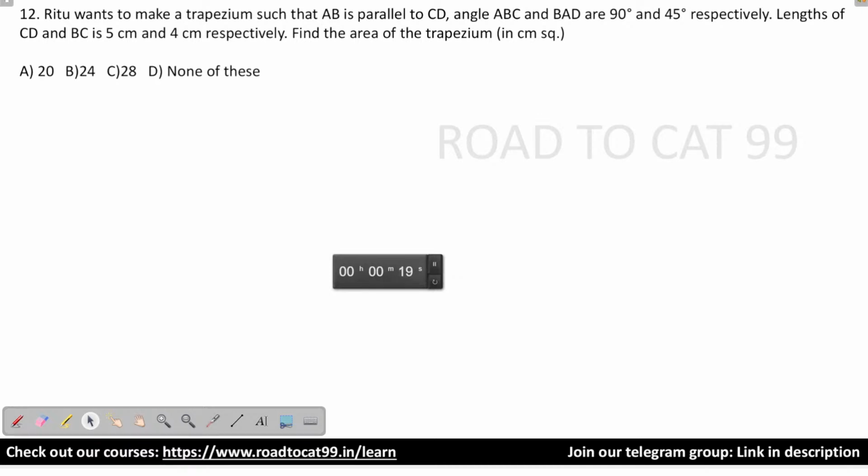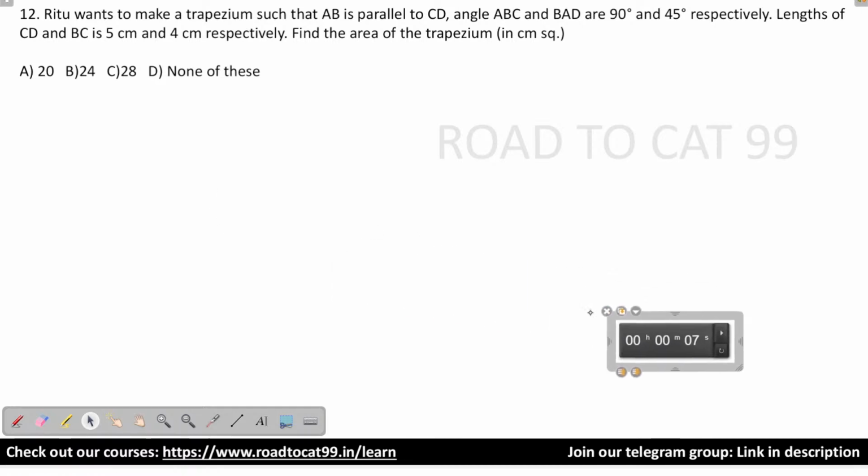What is the answer? Let's solve this question. क्या बोल रहा है? Ritu wants to make a trapezium such that AB is parallel to CD, right? Let's say AB is parallel to CD.